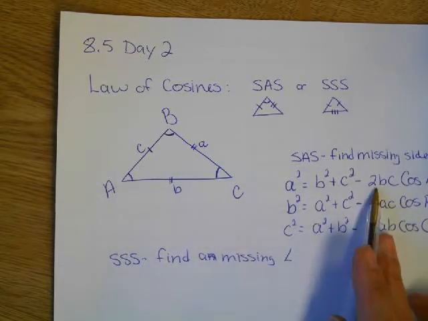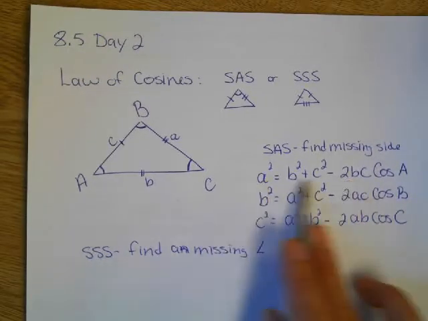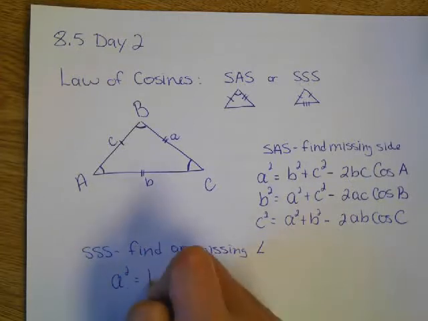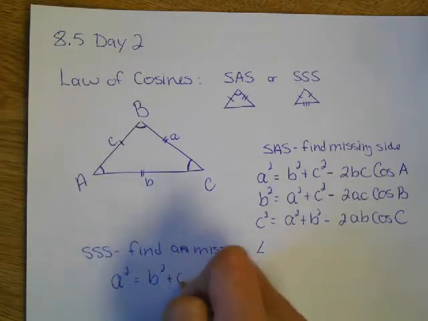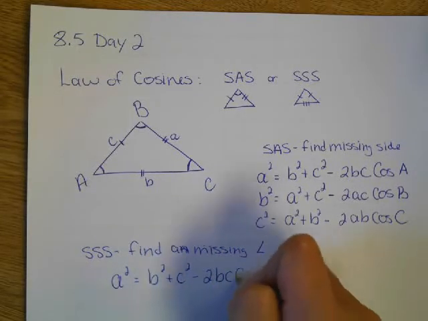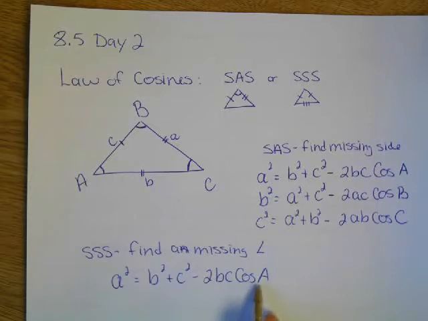And we're just going to do the algebra once, so you don't have to do it every single time. So let's take this first one. A squared equals b squared plus c squared minus 2 times b times c times the cosine of A. And let's solve this for the cosine of A.